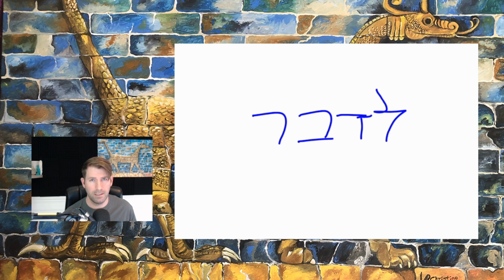So let's take that route. Davar. If we didn't have any pointing, this could be ledaber, which would be an infinitive construct form, to speak, to say, or it could be ledavar, which is to a thing, for a thing, or for a matter.